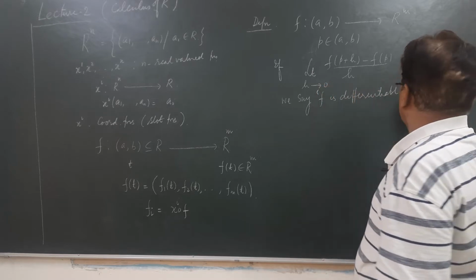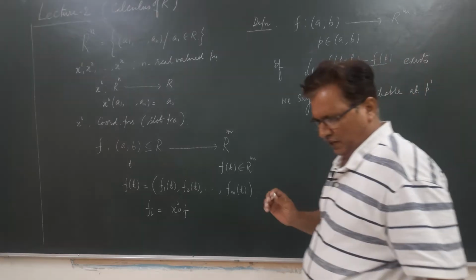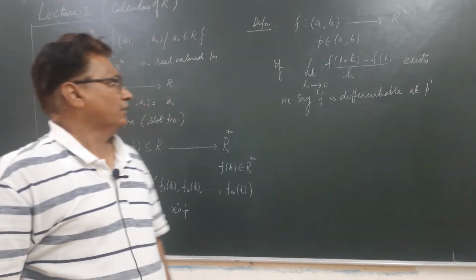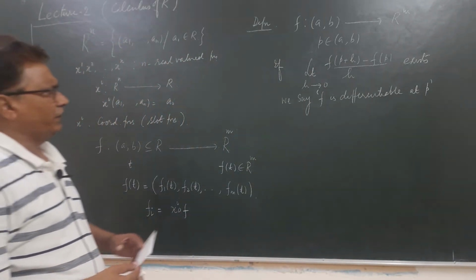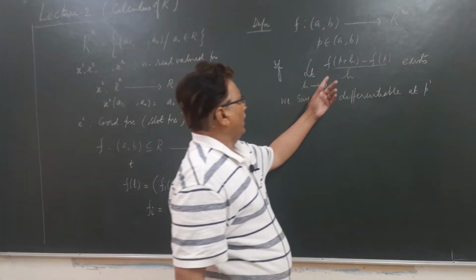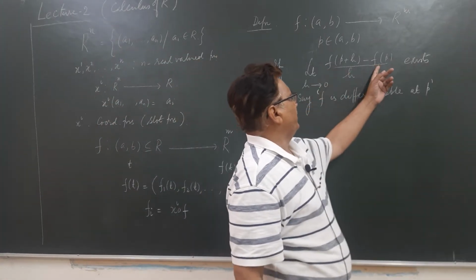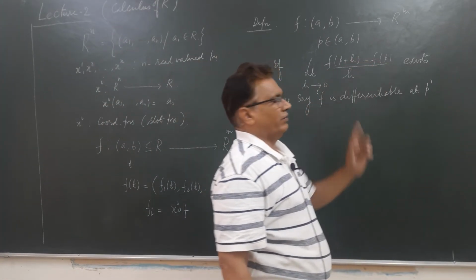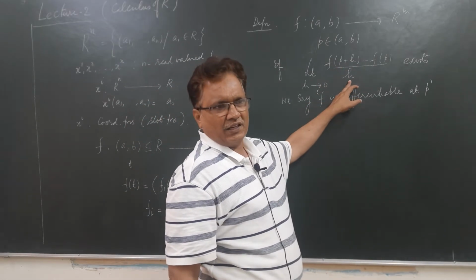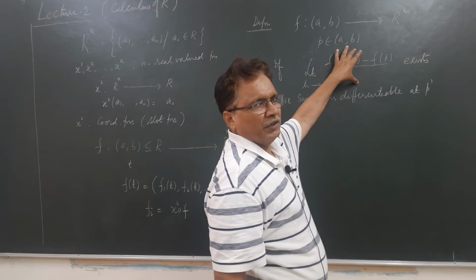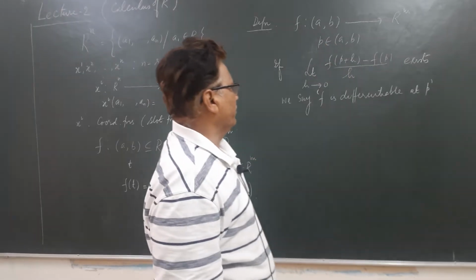The definition is the same as you had for functions from R to R. And you see this is meaningful also. f(p+h) and f(p) are both vectors of Rm, and this vector is being divided by a scalar h. So this remains meaningful, and the limit is also meaningful.